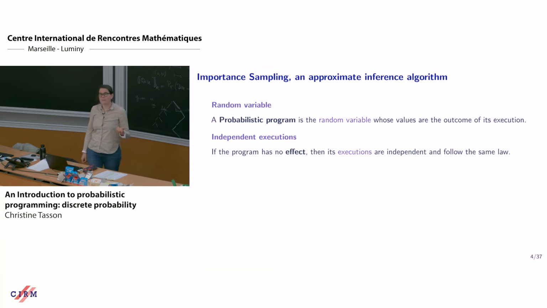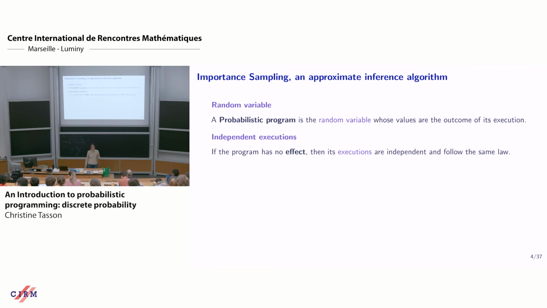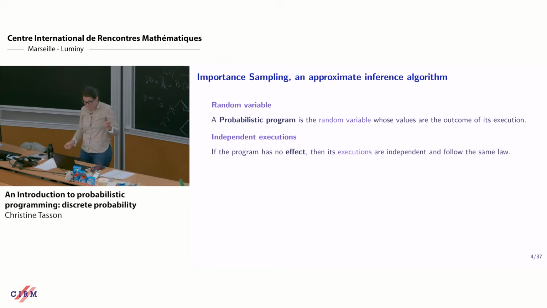If the probabilistic program has no effect, running it twice will give you the simulation of two independent and identically distributed random variables. My two copies do not interact because there is no effect, no memorized state. Its executions are independent and follow the same law.